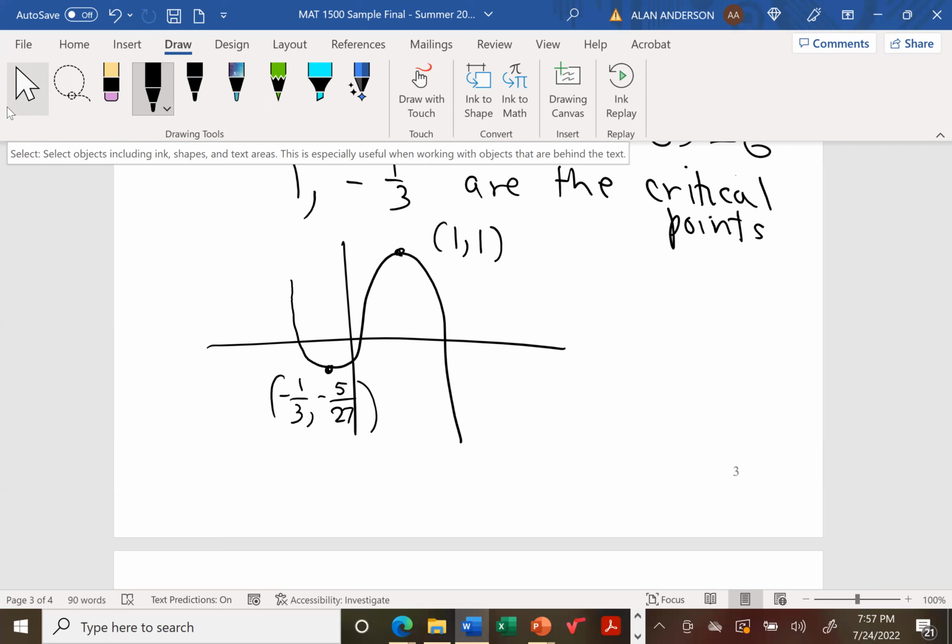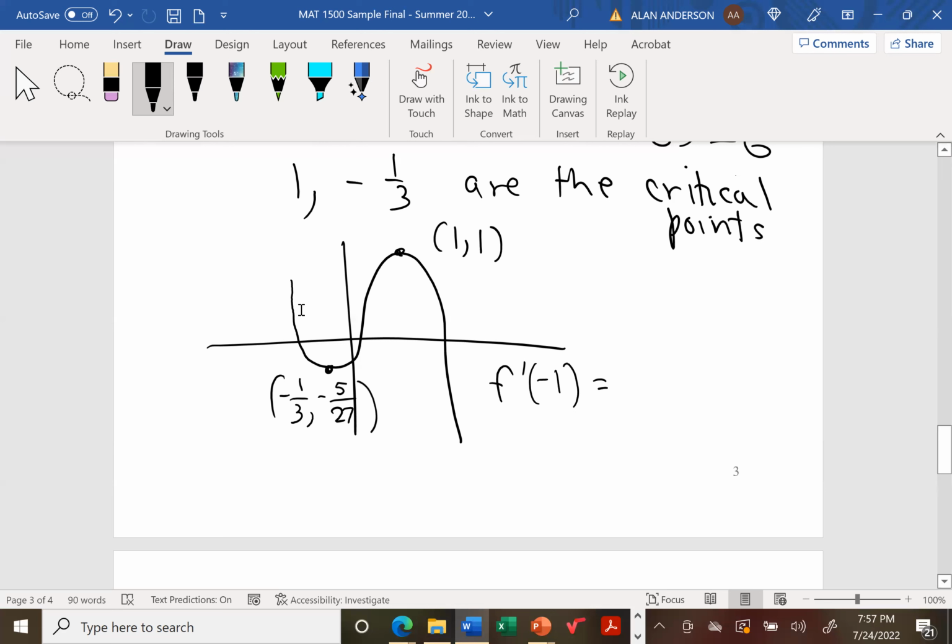So in other words, I'm going to start with f prime of -1. This is going to tell me what the slope is when x is -1, which is to the left of this first critical point. And that will give me a clue as to whether or not the function is increasing or decreasing before it reaches (-1/3, -5/27).